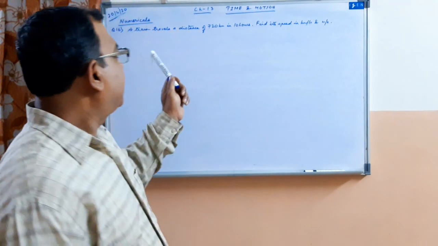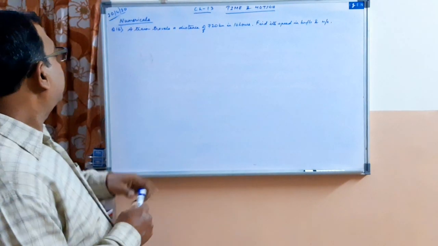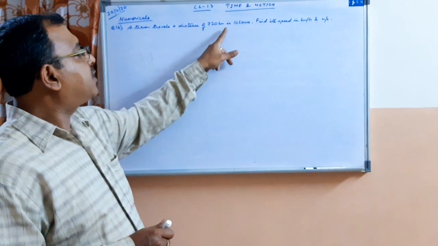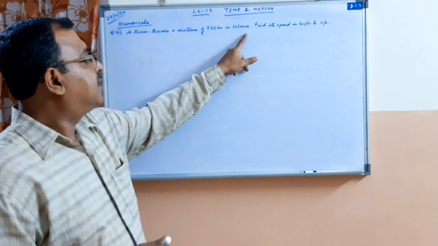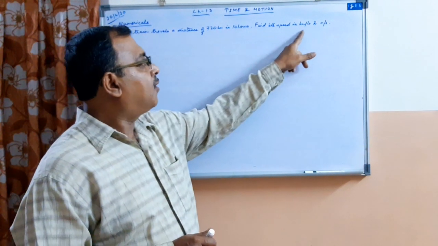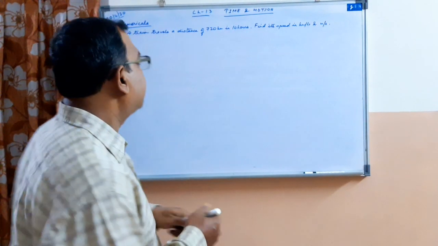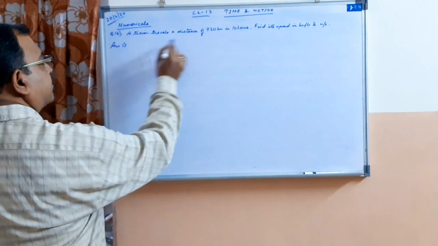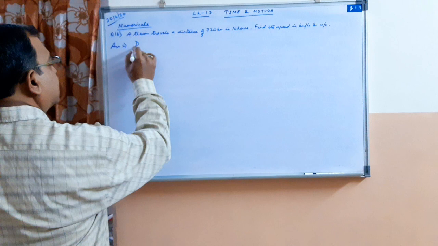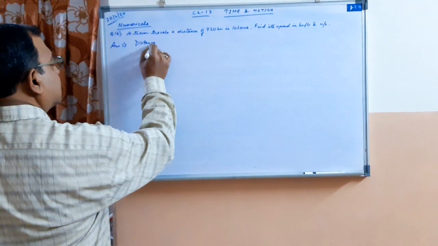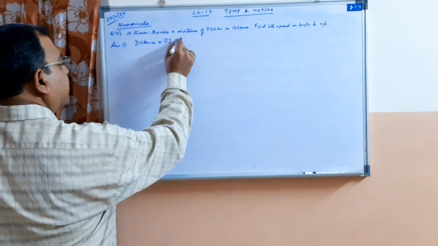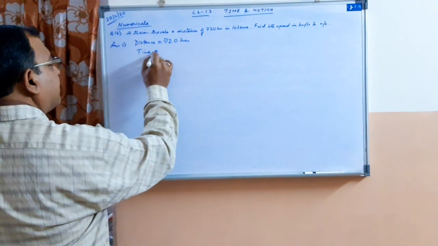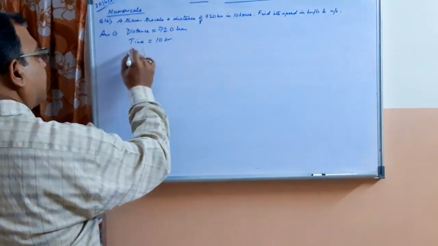Now look here. The first question: a train travels a distance of 720 kilometers in 10 hours. Find its speed in kilometer per hour and meter per second. So here, answer: distance is 720 kilometer, time is 10 hour.